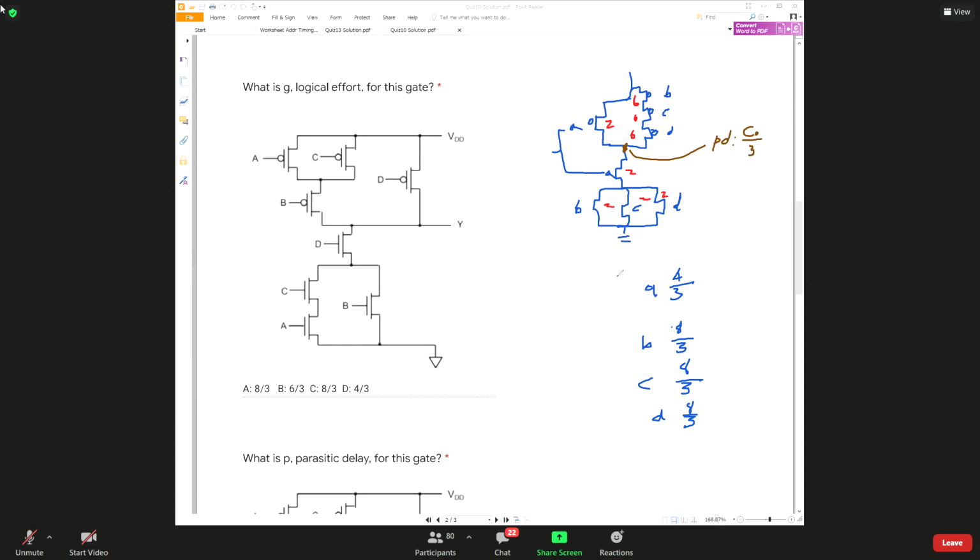So you tell me what the cap is for this output node. You have 2 worth of diffusion here, 6 worth of diffusion here, and downside, you have 2 worth of diffusion. Total of what? 10. Exactly. I'm going to put 10 on top. 10/3 is parasitic delay, and that is in terms of RC.